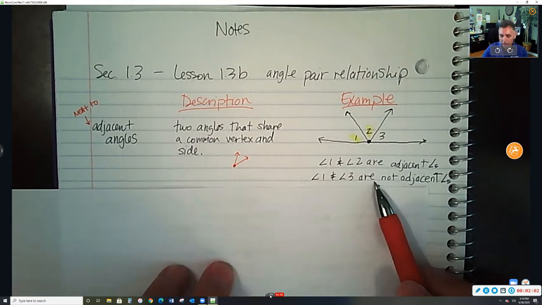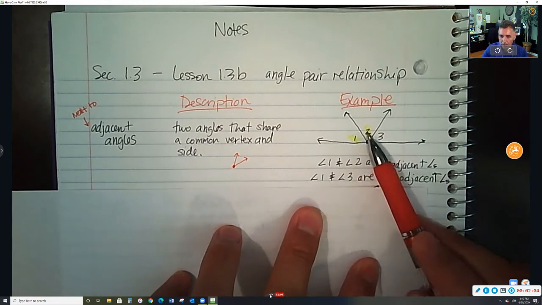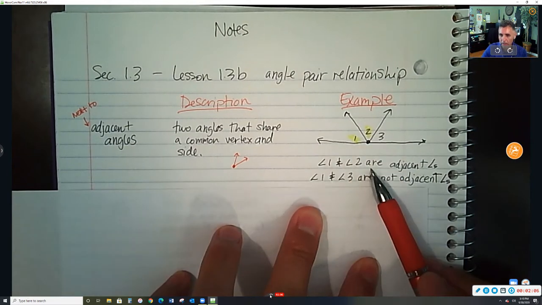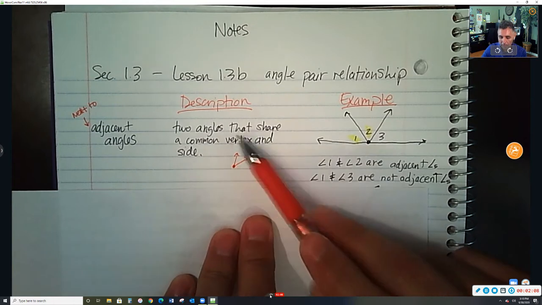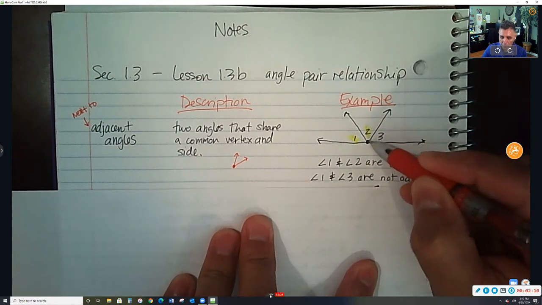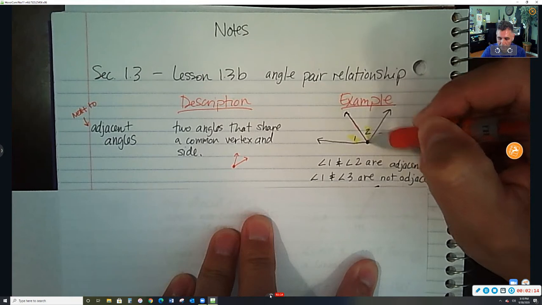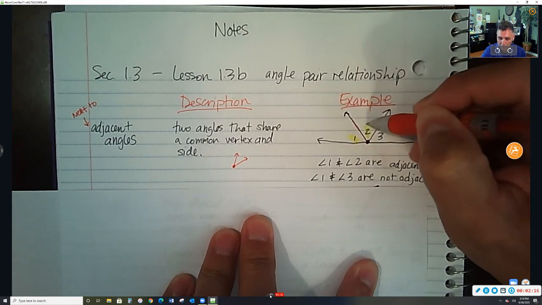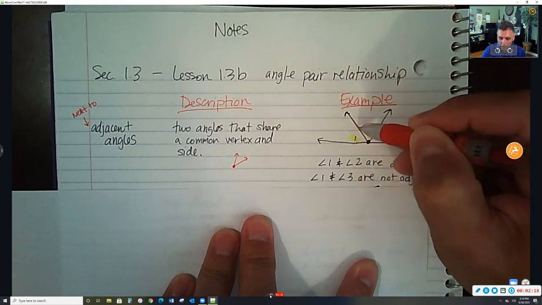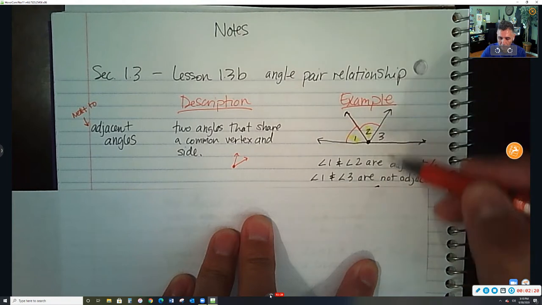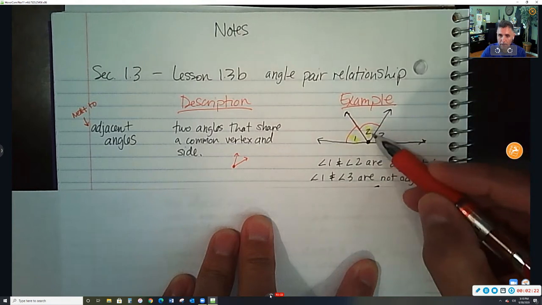So here we have an example. Angle 1 and 2 are adjacent to each other. And if you look at the definition, they both share this point and they both share this side, right? Because angle 2 goes from here to here, and then angle 1 goes from here to here. So they're both sharing that point and they share this side.